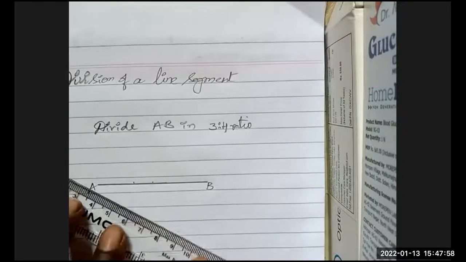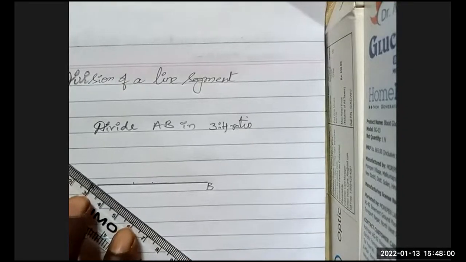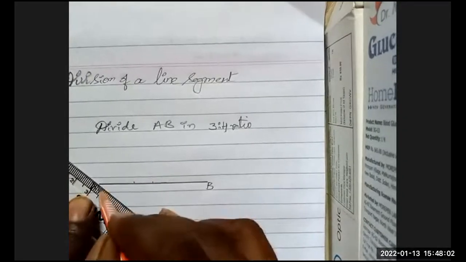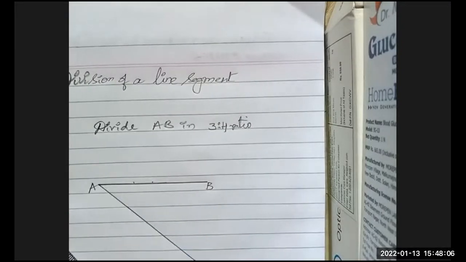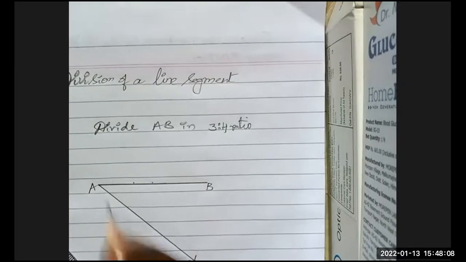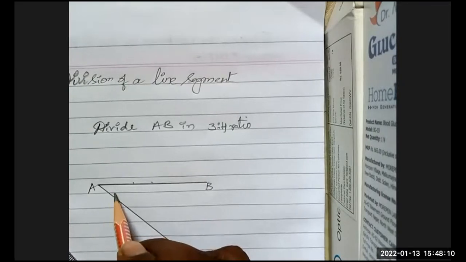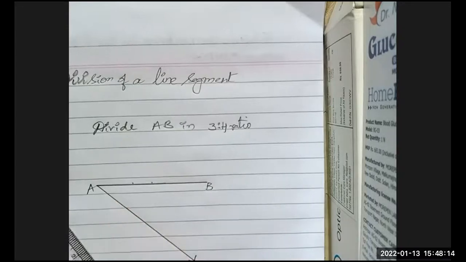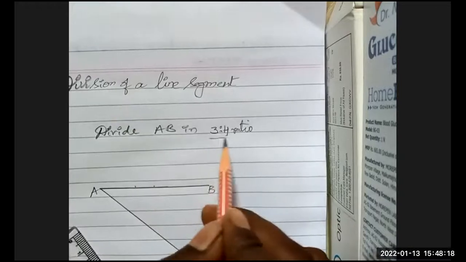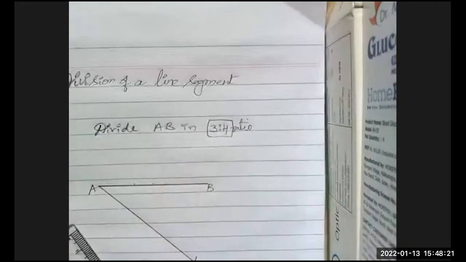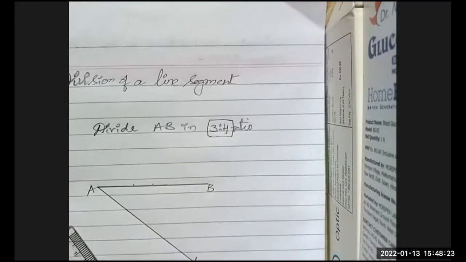So to do that, what we are going to do is we will draw a ray from point A. एक ray हमें draw करना है। You can draw it with any convenient angle. Here, how much angle you are going to take, that's not going to be asked. You can take any convenient. And after that, in the given ratio, I had told you many times, ratio means total number of parts.